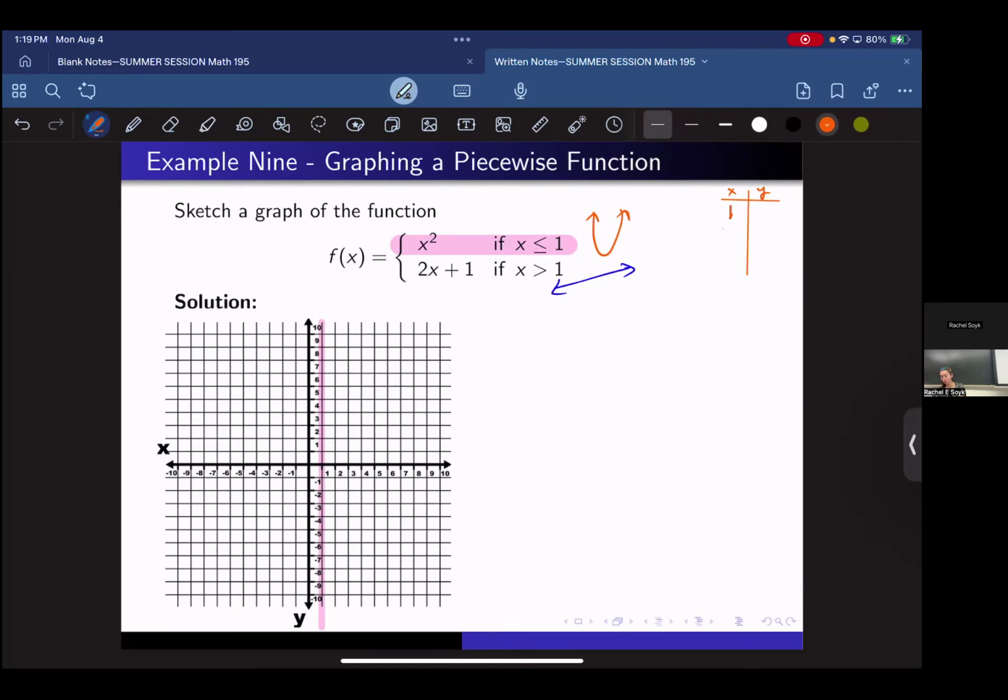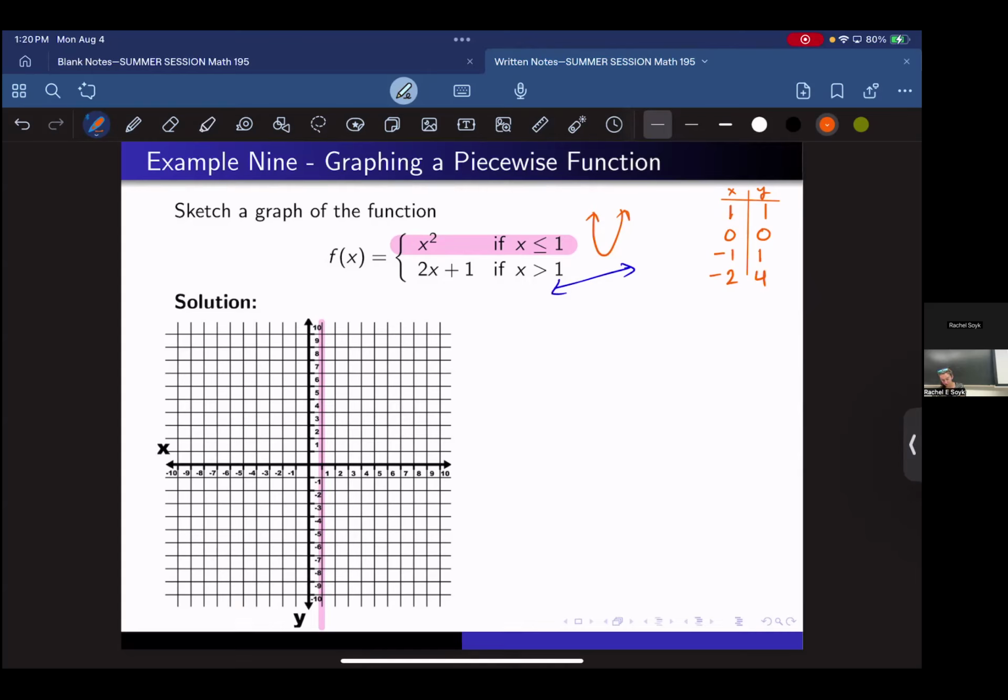So why don't we do 1, 0, -1, -2. When x is 1, plug that in. 1 squared gives you 1. When x is 0, 0 squared is 0. -1 in parentheses squared is 1. -2 in parentheses squared is 4.